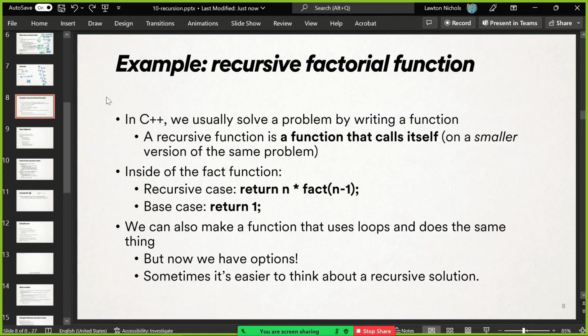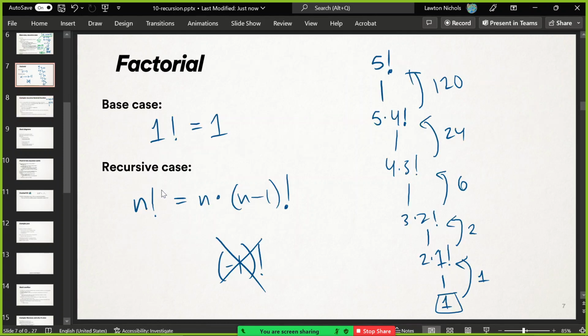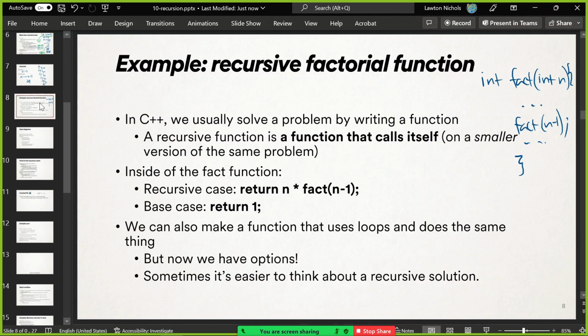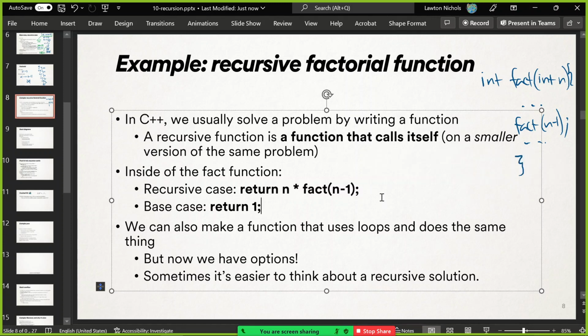Okay? Crazy. So you have your int, we'll call it fact or something. Give me the factorial of a number n, and you have your body. Inside of that body, you are going to be calling fact of n minus 1. Compute the one smaller factorial. Does that make sense? That's your recursive case. Like, what is your recursive case? It's, all right, I need to give back n times me minus 1 factorial. So you're going to call yourself, return n times fact of n minus 1.